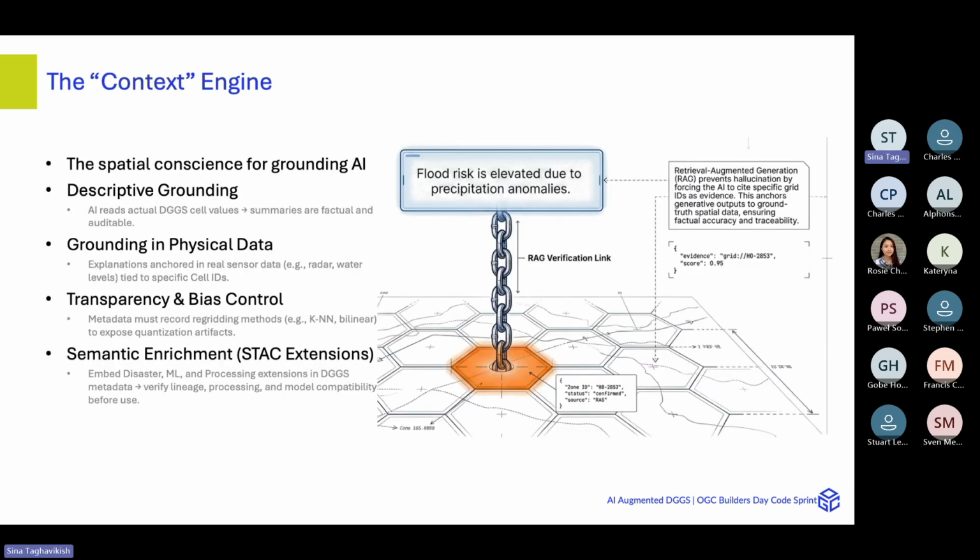So DGGS by itself is just an index. Why it can be used for AI, and how it can be used by AI, comes down to these two tricks. One is that we have to give it a context engine, the spatial conscience for grounding in AI. So you have to have a descriptive grounding: AI reads the actual DGGS cell values, and summaries are factual and auditable.